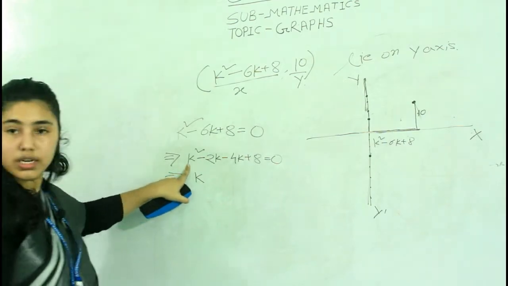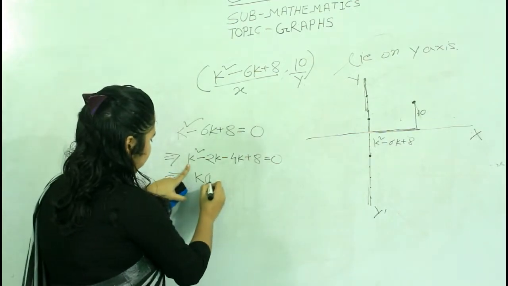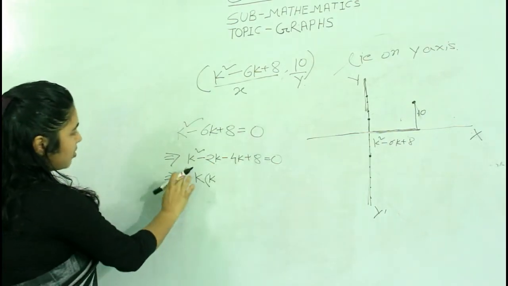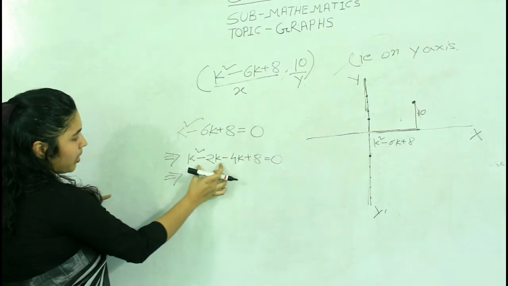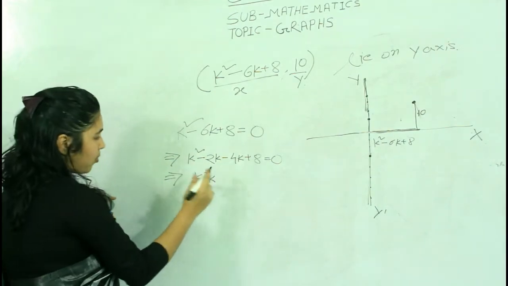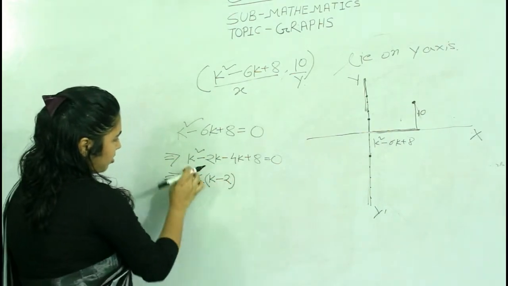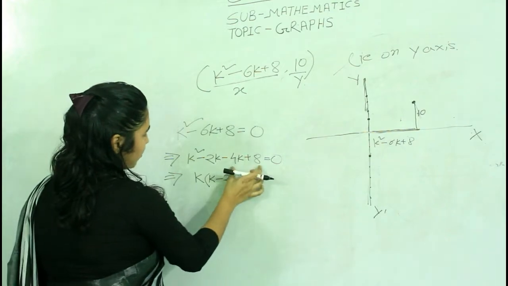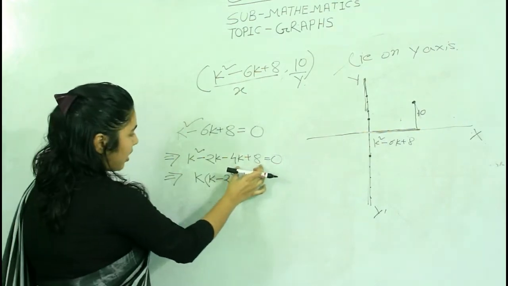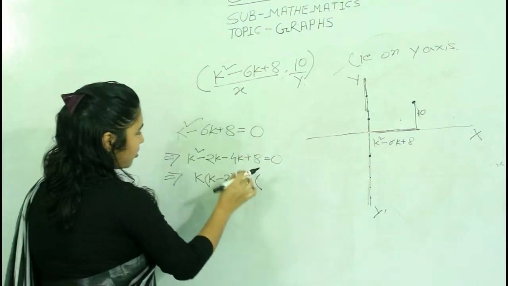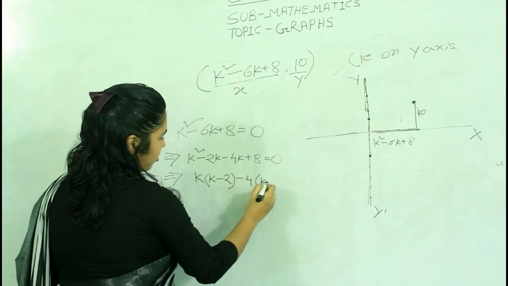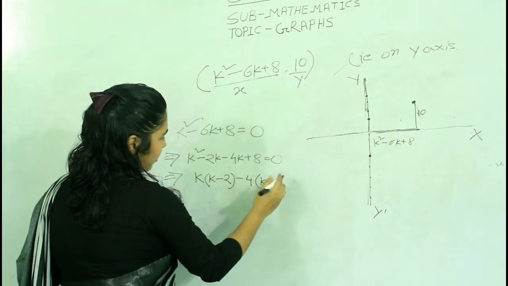Take k common from the first two terms: k square minus 2k gives k into k minus 2, and from the last two terms take minus 4 common: minus 4 into k minus 2.